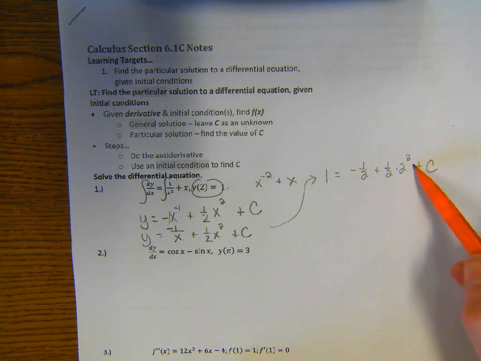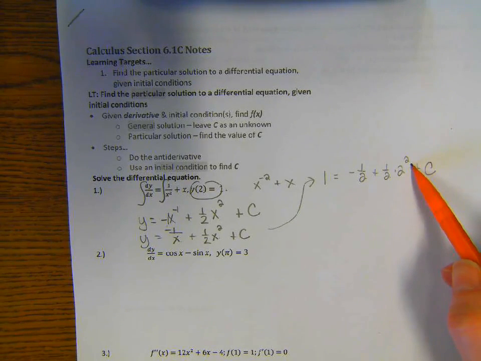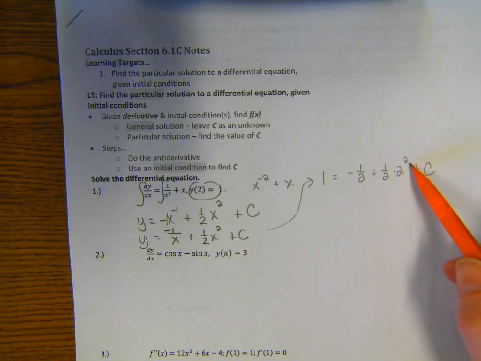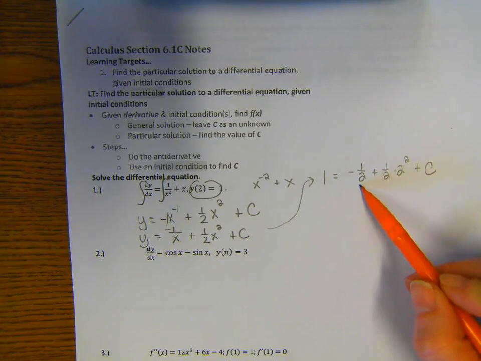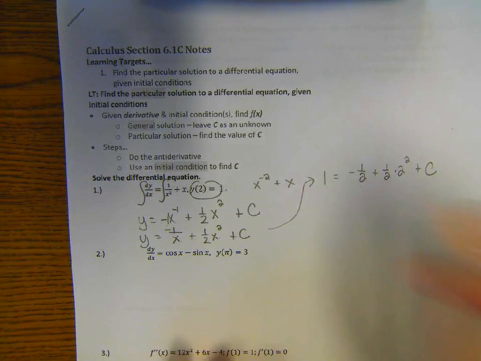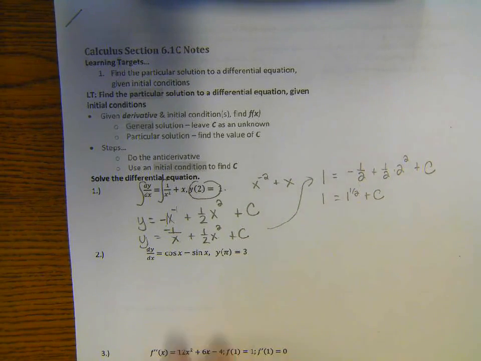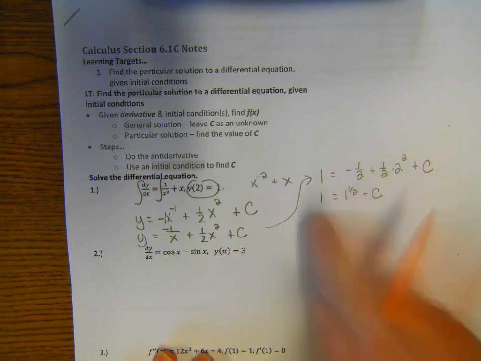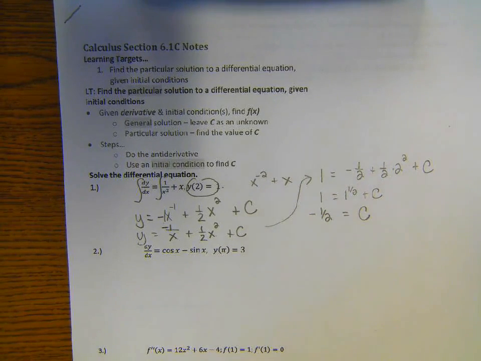So what's 2 squared? 4, right? 4 times 1/2 is 2. 2 minus 1/2 is 1 1/2. If I subtracted 1 1/2 from both sides, what would c equal? Negative 1/2.